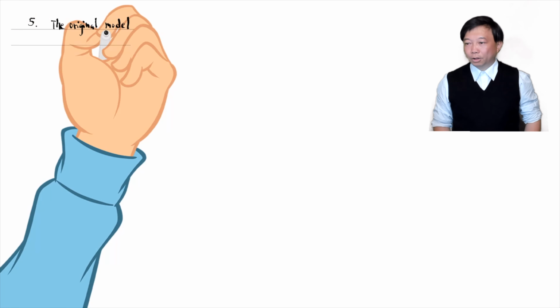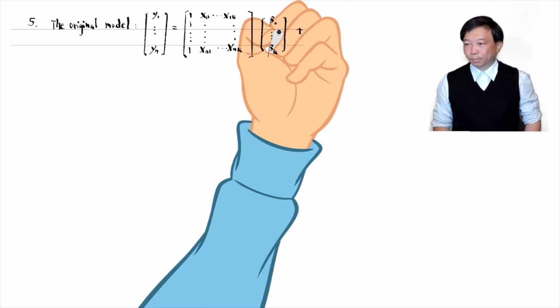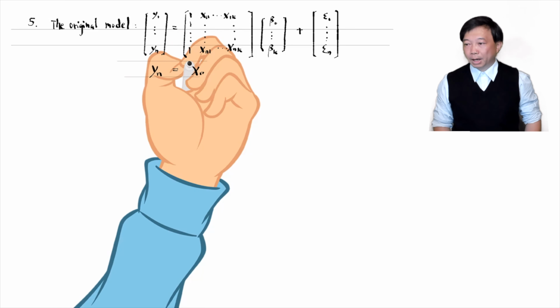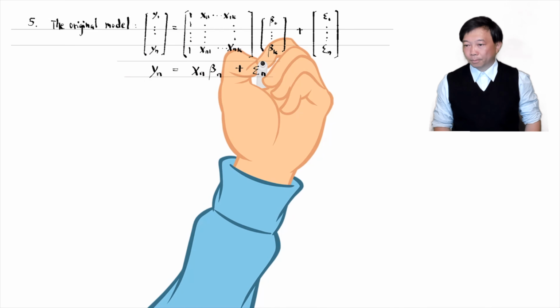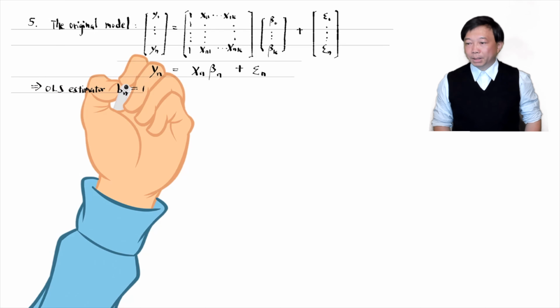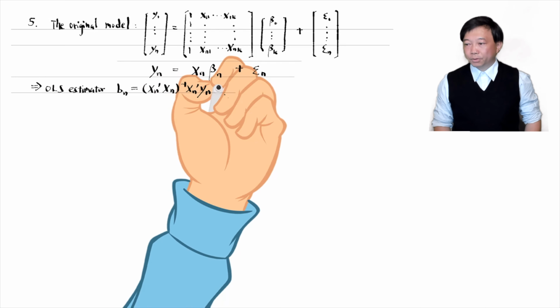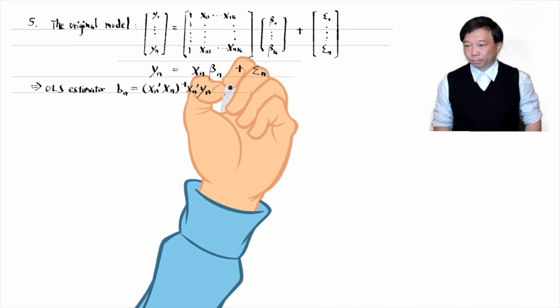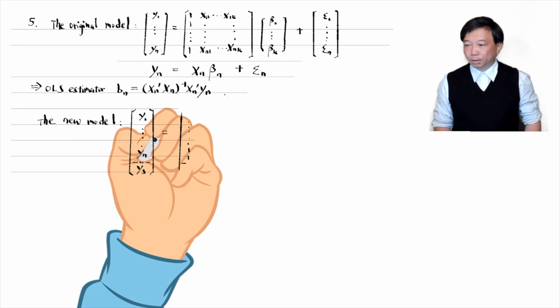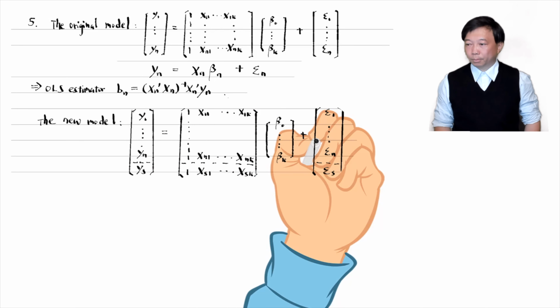We can write down the original model. I write it in matrix form with elements to help understand the question. The original OLS estimator is Bn. It's based on n observations. When another observation is available, the new model can be expressed in matrix form as follows.